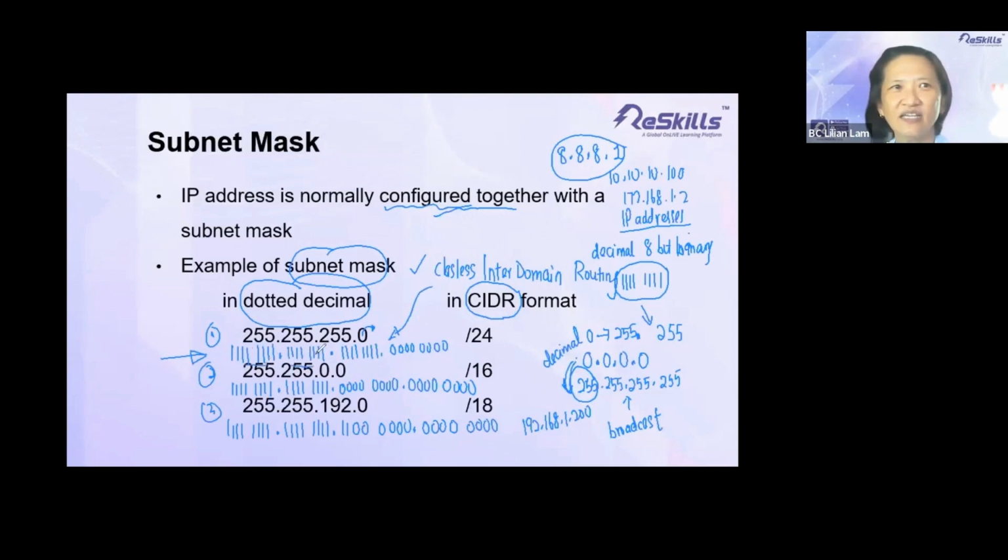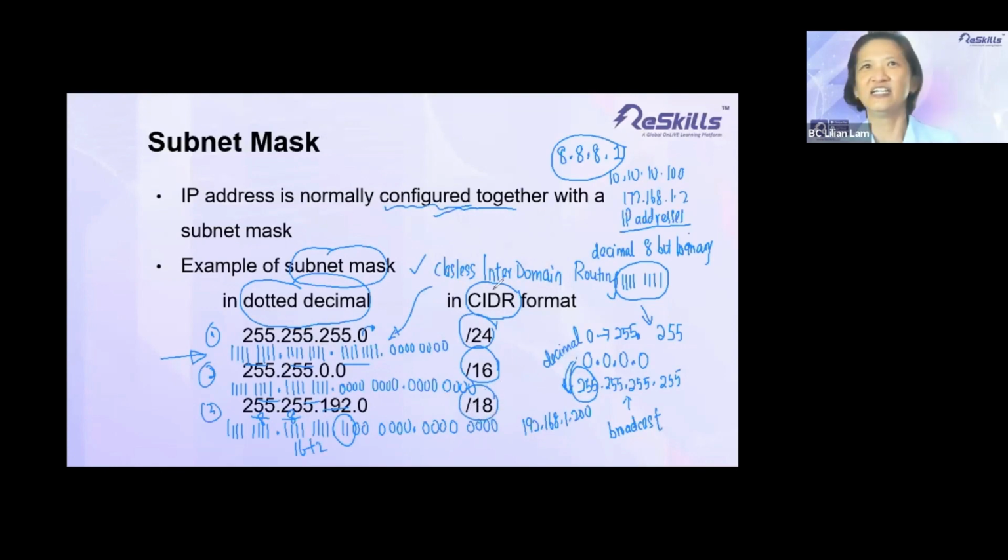Basically, this is 8, 8 plus 8 is 16, another 8 is 24. So slash 24. For 255.255.0.0, 8 bits of 1, 8 bits of 1, so 8 plus 8 is 16. For 255.255.192.0, 255 is 8 bits of 1, 8 bits of 1, and 192 is 2 bits of 1. 16 plus 2 is slash 18.